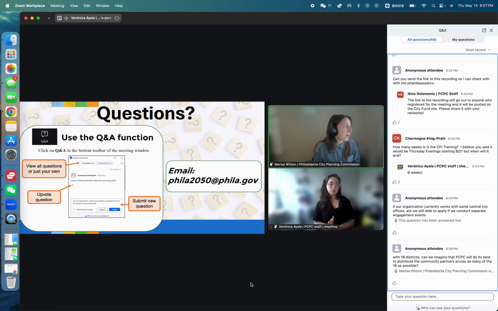Again, we could have 500 partners and we still wouldn't cover the whole city. This is why we're doing both the community partner-led engagement and the Planning Commission-led engagement. So we are trusting and working with our community partners to do in-depth engagement within their areas that they serve.